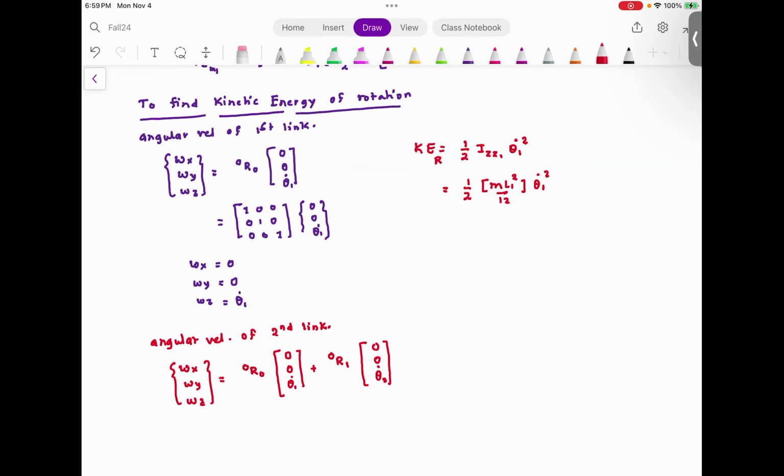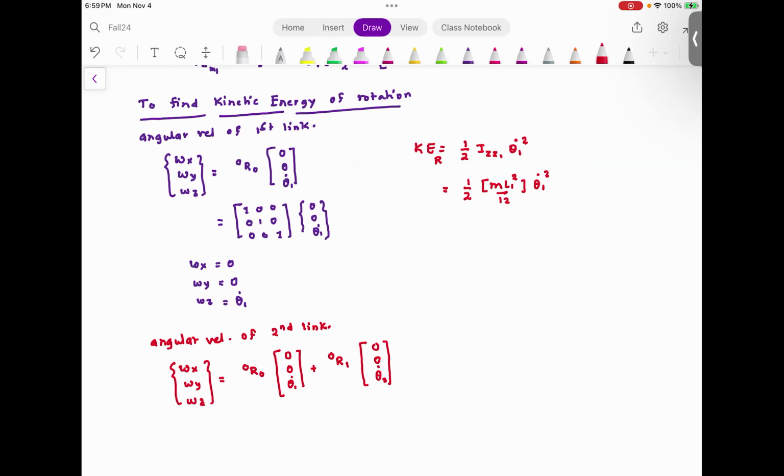Now it's extremely important to understand what this is. This is the angular velocity of the first link in its body coordinate system. You are transferring the angular velocity of the first link in the body coordinate system into the inertial coordinate system by multiplying with the rotation matrix.